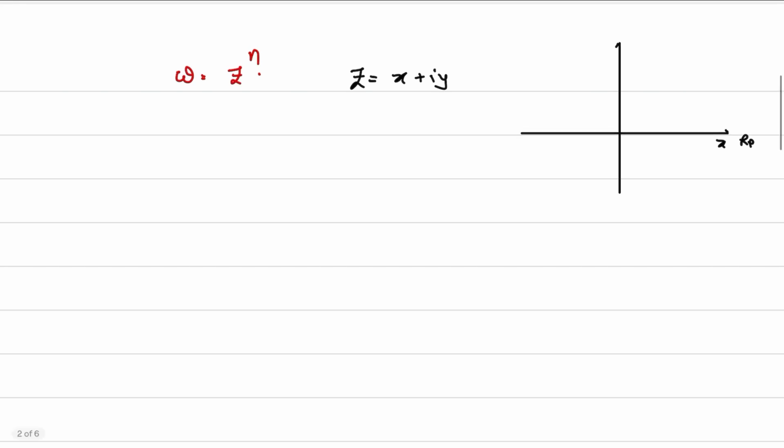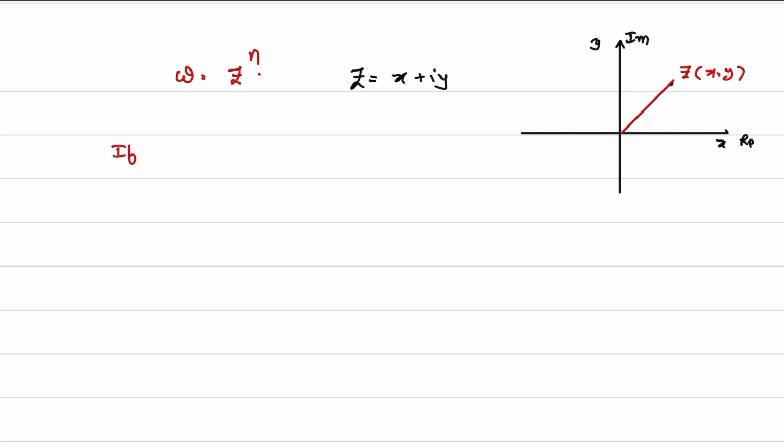Here, what is z? Z is a complex number x plus iy in the complex plane. I always prefer to have a diagram to represent mathematics. This is y and z is the number, and this is z at x, y. This is in the xy plane.